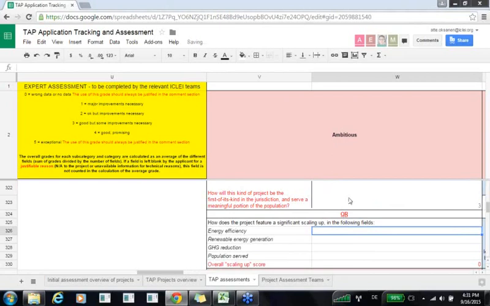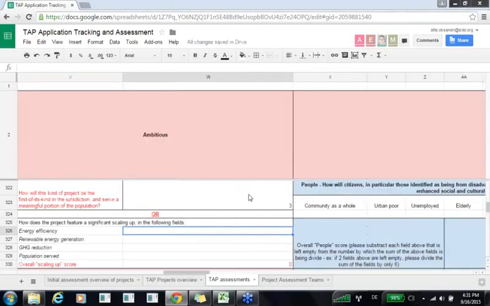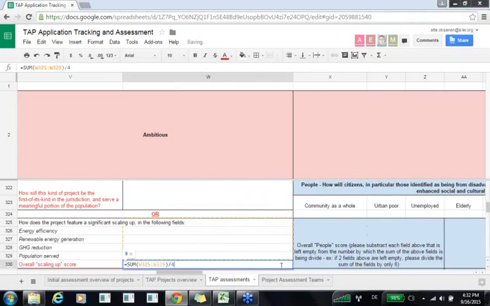Something like that, if it's an average project. And if it's not a first of its kind project, but it's a scaling up project, then you would give your grade here, and you would grade each subcategory here.